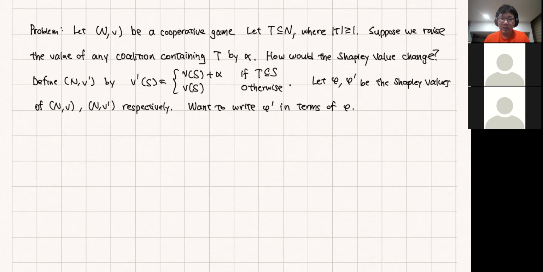So if we want to look at the Shapley values for the new game, we will look at the definition of Shapley values and look at the marginal contributions of a player in the new game, and we will try to relate that to the old game.